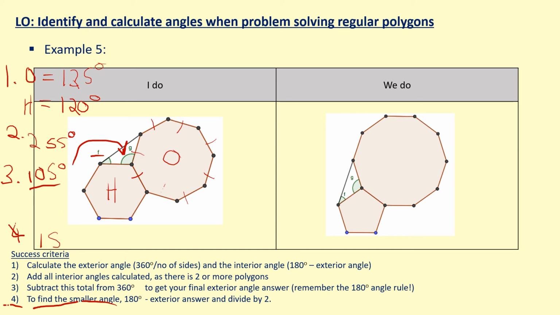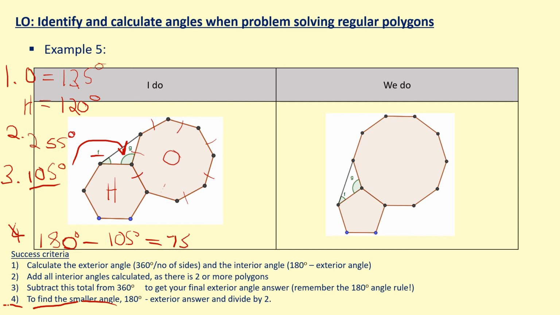So 180 again. That's the angle fact coming into play, right? Interior and exterior, 180. And we also have a triangle, and all angles add up to 180. So 180 subtract 105, that G angle that we worked out first, is going to leave us with 75.